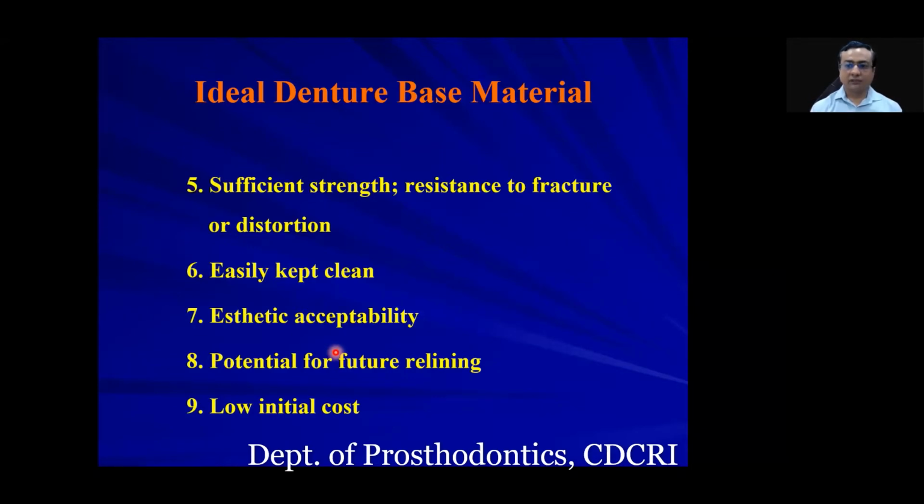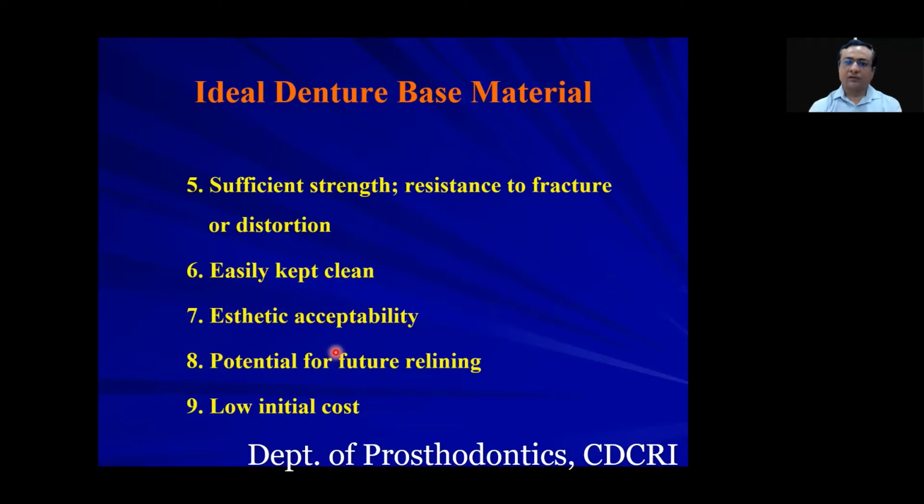If it is a well-polished surface, if it is retaining that polishability, then it can be easily cleaned. It should not accumulate plaque. Then it should have good aesthetics. Denture base material, as we know, replaces the adjacent structures of the teeth. So it should also help to enhance the aesthetics, particularly if you are replacing the anterior teeth.